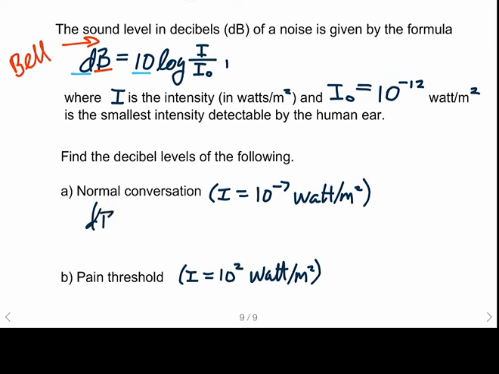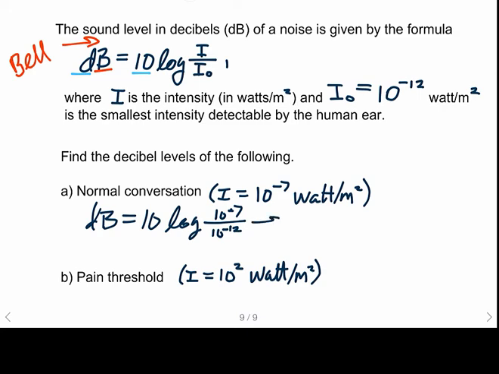So the decibel level is equal to 10 times the log of 10 to the negative 7, that's I, divided by I sub 0, which is a constant. It's always 10 to the negative 12.